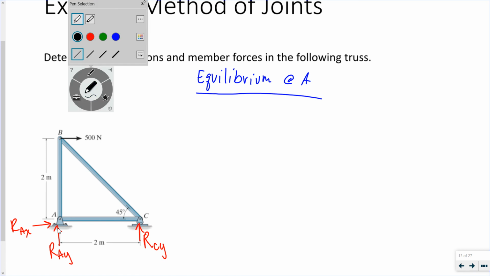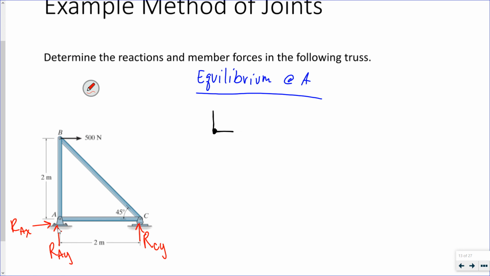So let's see. Here's joint A. It has member AB going vertical, member AC going horizontal. If I assume everything is in tension, I have a horizontal force in member AC. I have a vertical force in member AB.